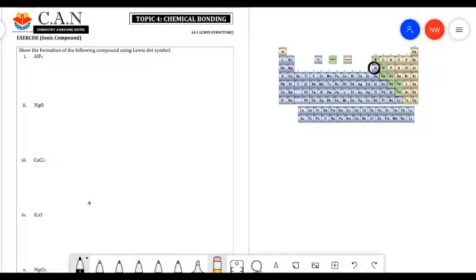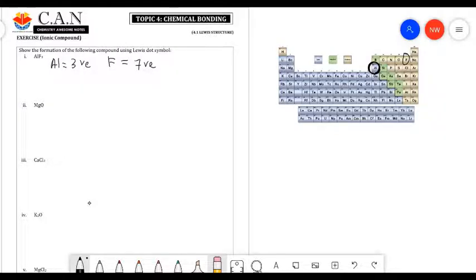Fluorine pula adalah non-metal pada grup 17. So kita tahulah antara metal dengan non-metal akan form ionic bond. So mari kita buat. Untuk aluminium, grup 13 mempunyai 3 valence elektron. Manakala untuk fluorine pula, grup 17 mempunyai 7 valence elektron.